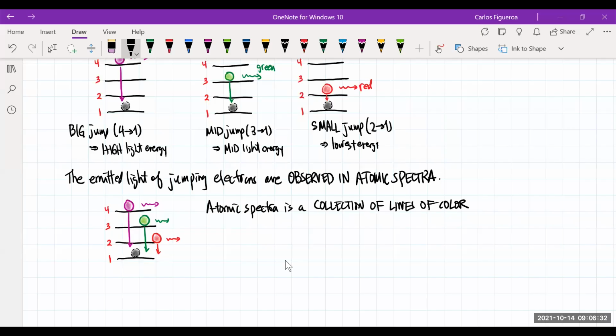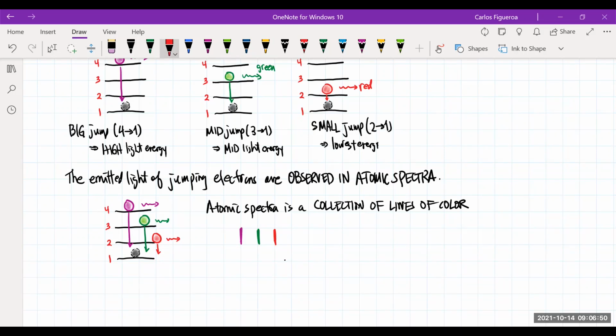And what you're seeing here is that for each color emitted, you get a line. So look at the spacings here. I get a line for the violet light, I get a line for the green light, and I get a line for the red light.